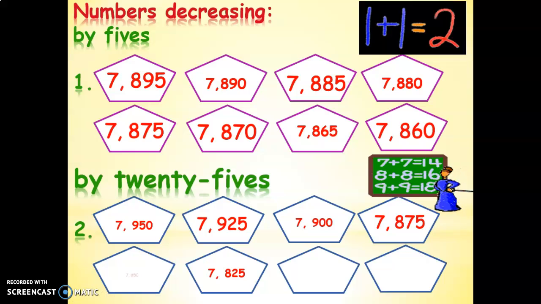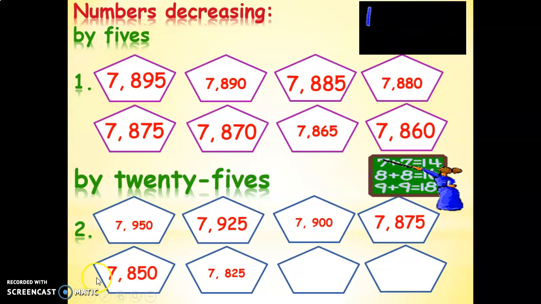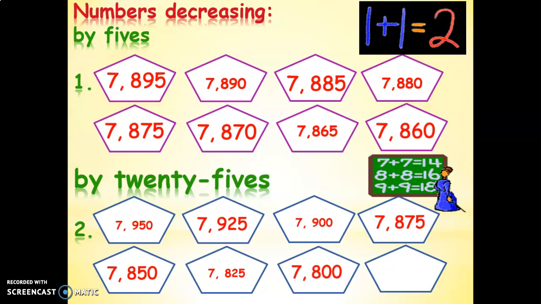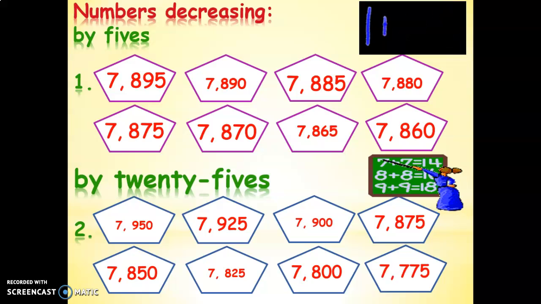Minus 25 will be 7,850. Minus 25 again is 7,825. If you decrease this by 25s, you will get 7,800. And the last number is 7,775. Now, did you get all the answers right? I really hope so.